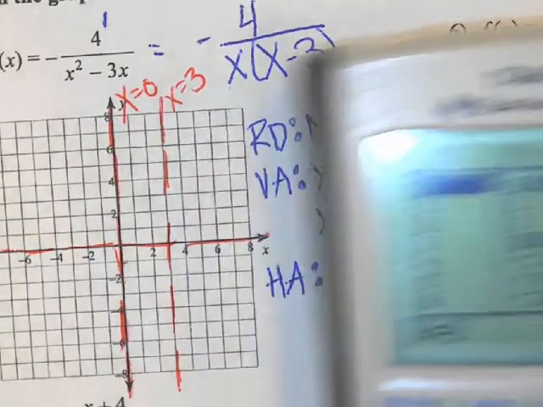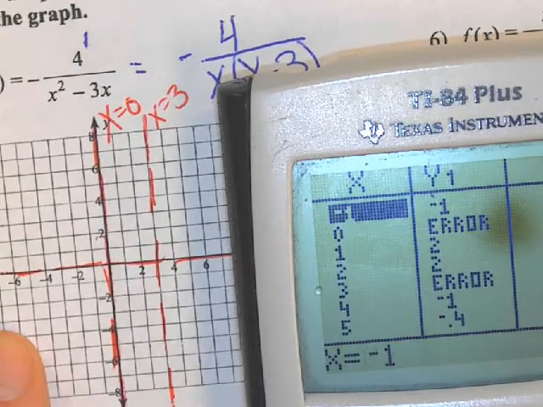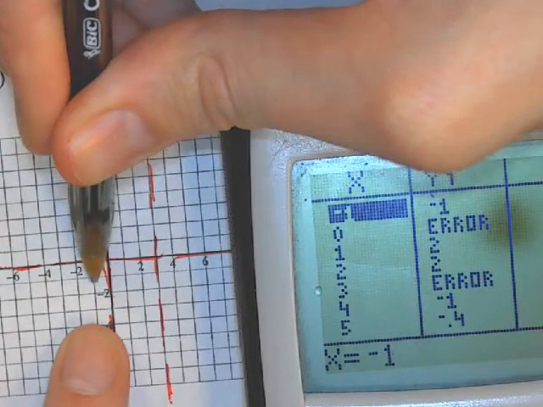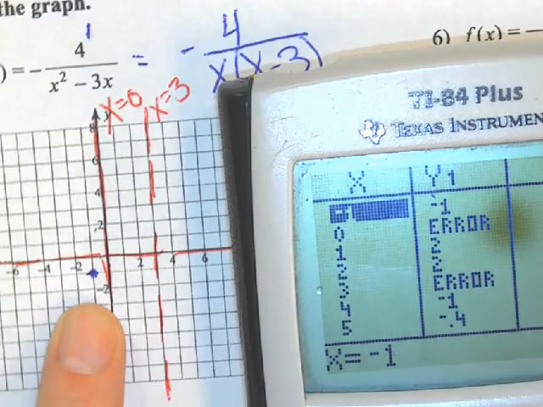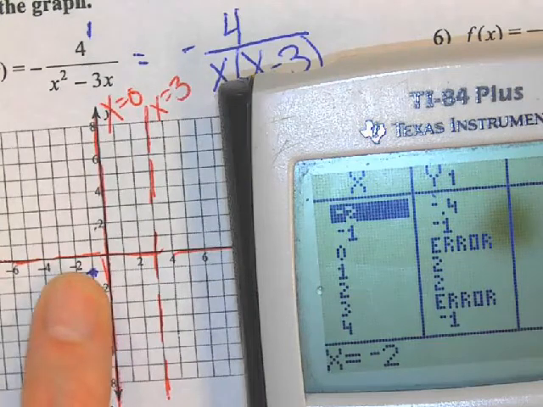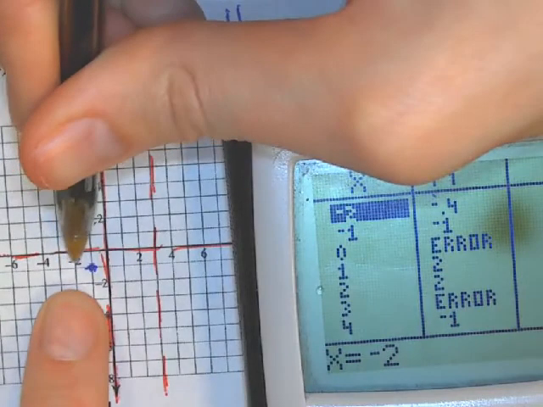Okay, let's start with the left side of 0. On this side, we want to graph it. Go up. Next point we can put is -1, -1. Here's -1, -1. Next point after that, -2, -0.4. Well, that's a little close to half, way below the 0, so maybe about here.